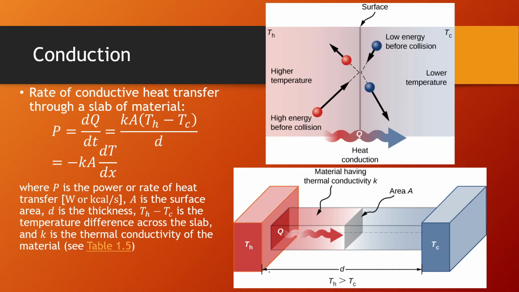D is the thickness, and the material has some conductivity K. So this is how you can calculate that rate of conductive heat transfer. This can also equal negative K A, the thermal conductivity, times area, times dT/dx, with dx being that thickness and dT being that change in temperature.